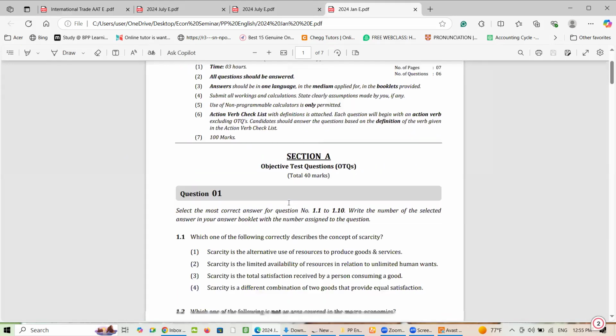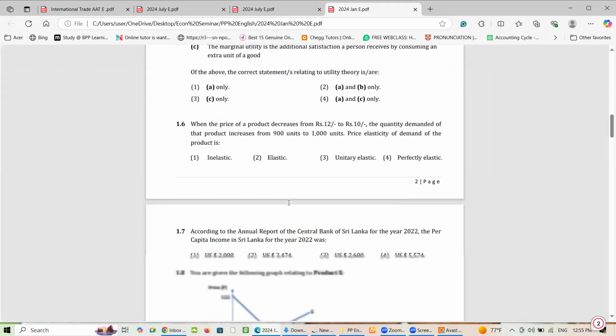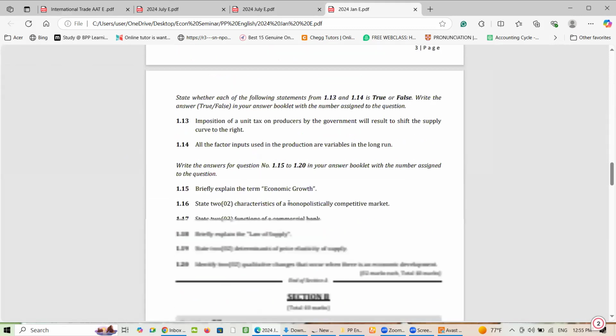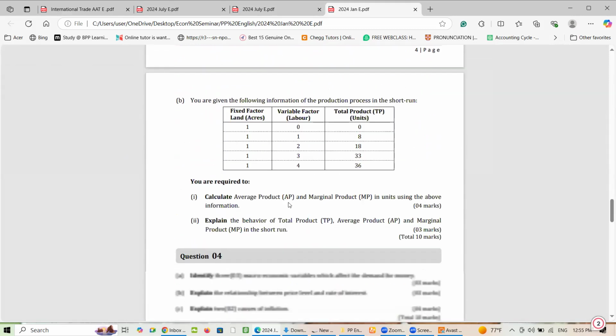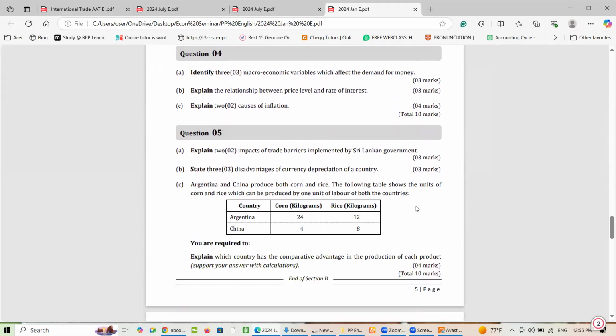January question. Question number 5. China and Argentina. Now look, part C, question number 5. This is for 2024 January question paper.